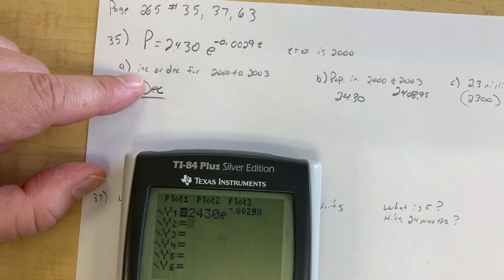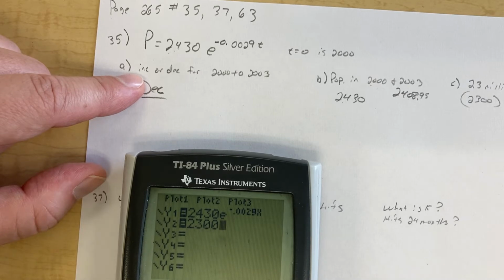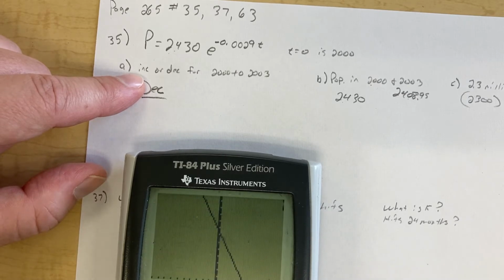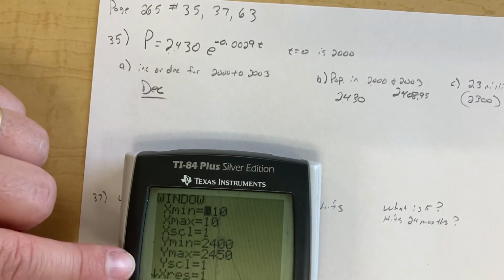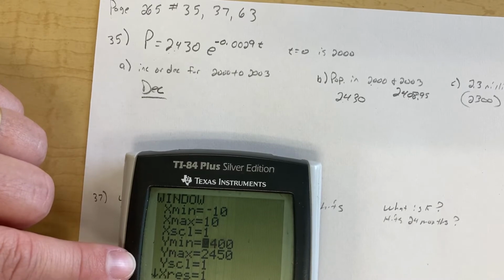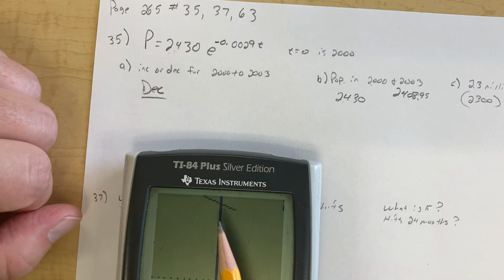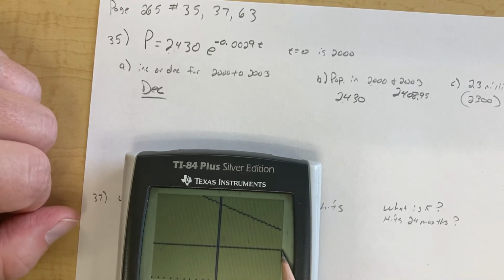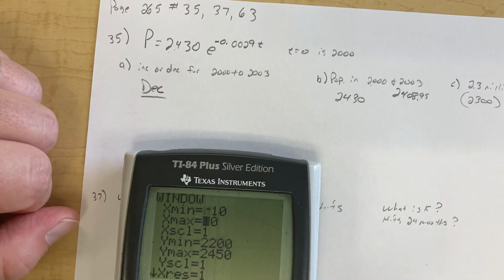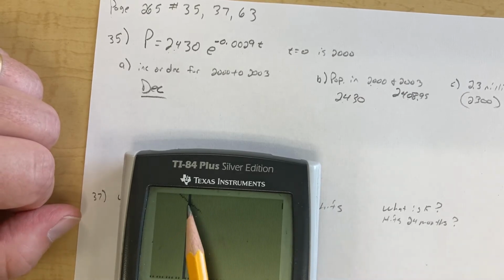So we're going to go ahead and set a line at 2,300, hit graph. And we don't see it because it's off our window, so we're going to drop that minimum down to, say, 2,200. And now here comes the population graph, and then there's a line. Now we can see that it goes a little bit past 10 years, so we'll go, say, 30 years. Give us enough time.